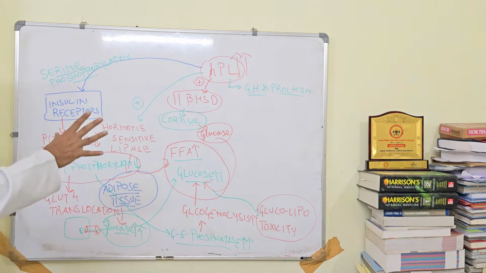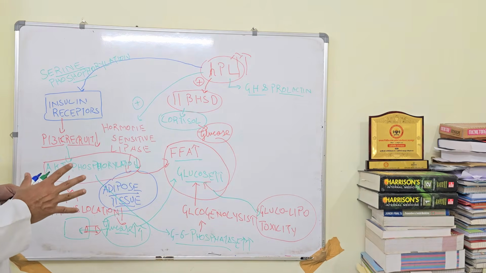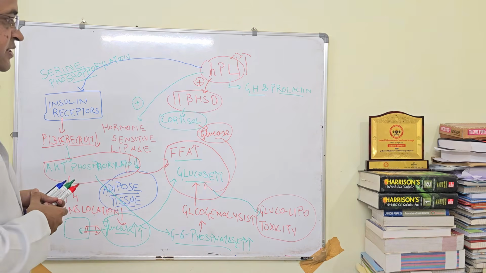Now this glucolipotoxicity can actually damage your beta cells, right?